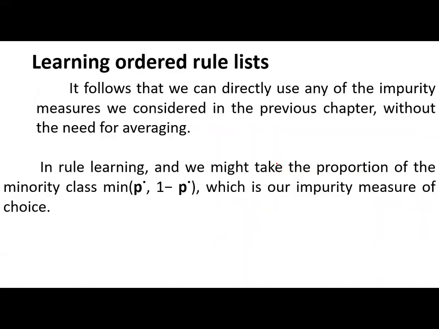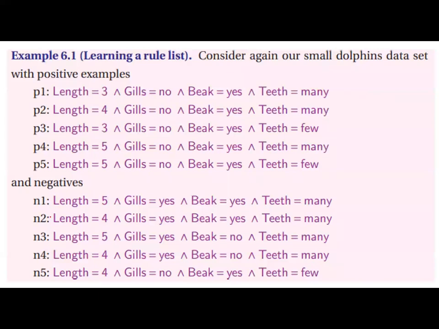Gills = S means we have covered N1, N2, N3, N4, and no positives.